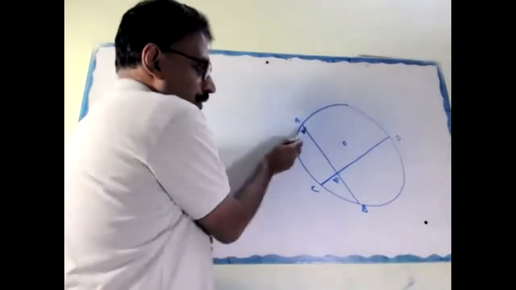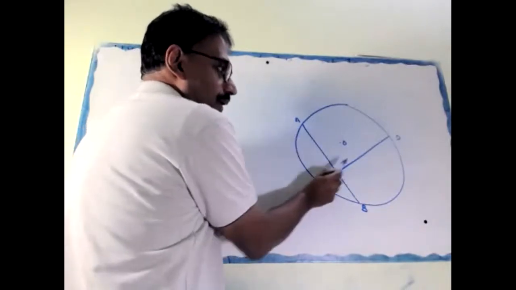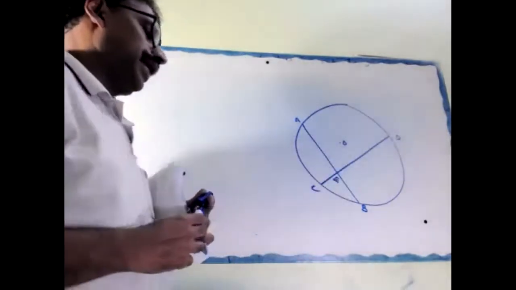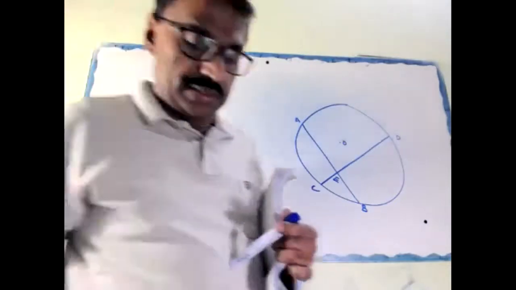What you have to prove is that AE equal to DE and CE equal to BE.